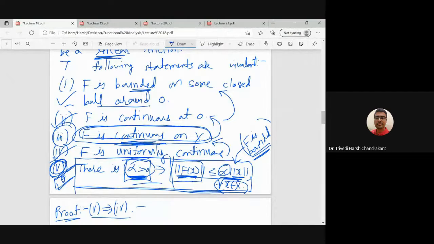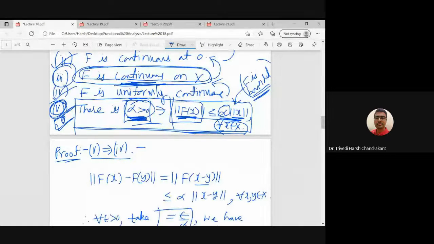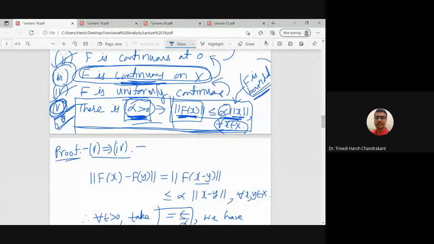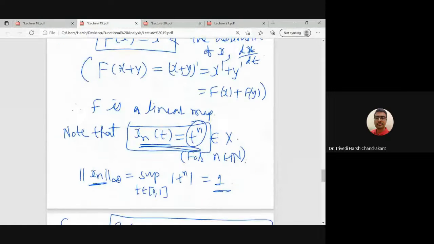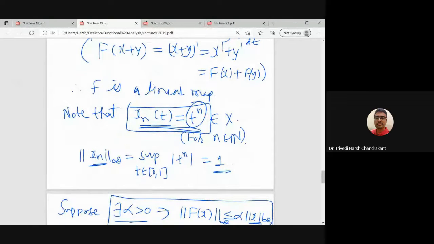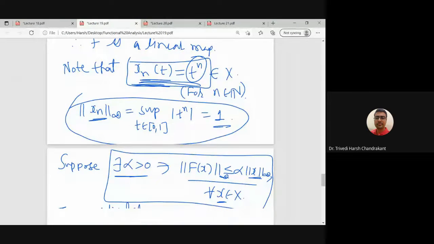If you recall what we have done in the previous example, we constructed a sequence of elements of norm 1 in the domain, and then we showed that its image is unbounded, right? So alpha doesn't exist. That is exactly this condition.